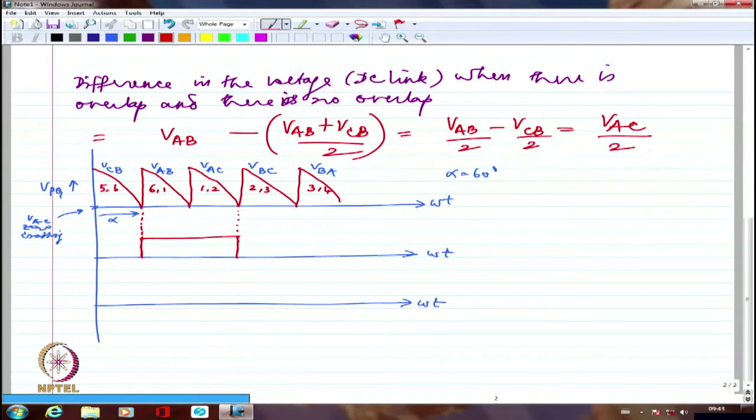Similarly, I should have had my IA coming up in the negative direction somewhat like this when I am having 4 conducting. Right? On the other hand, if I try to draw, for example, I5, that is C phase current, I should have had the C phase current going somewhat like this and it should have abruptly come down to 0.